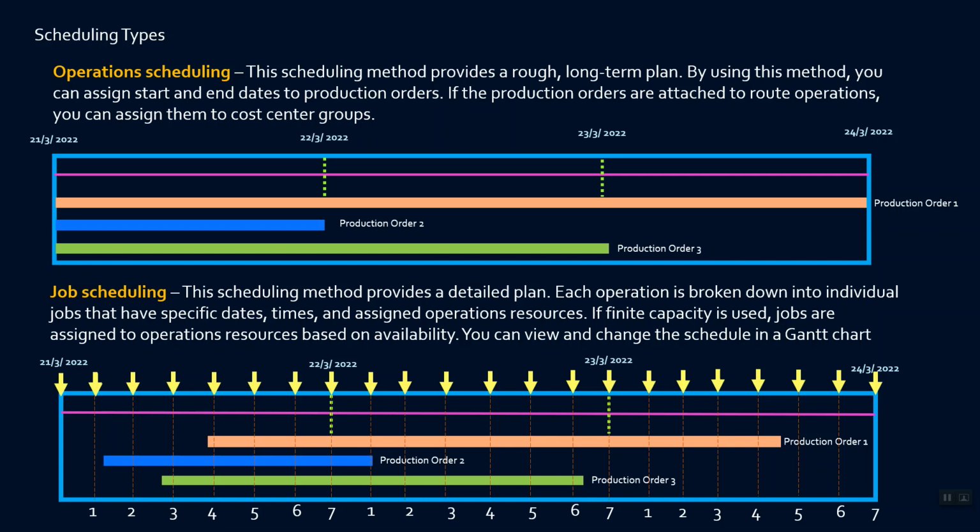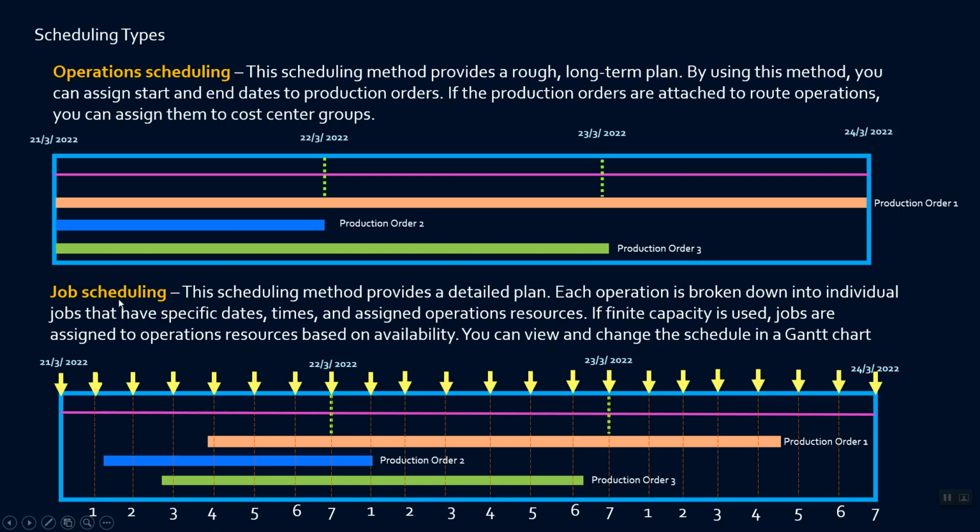So these types of products, which take a long lead time, are not bothered about every hour's productivity. They are only concerned with timelines in days, months, weeks, or years. So in that case, you can define operation scheduling, which will give you a rough timeline and long-term plan.